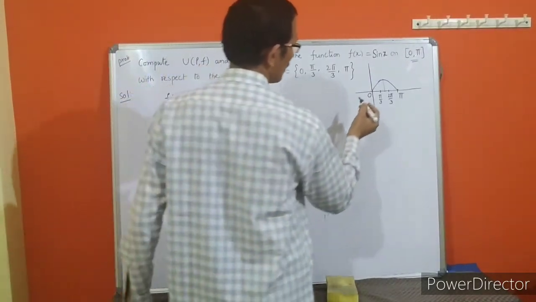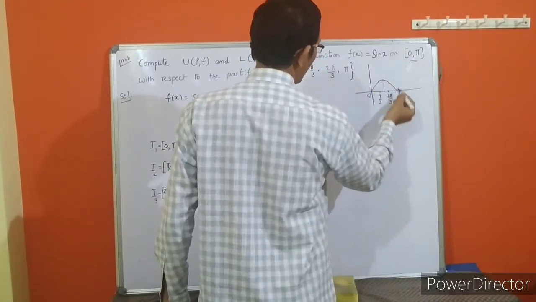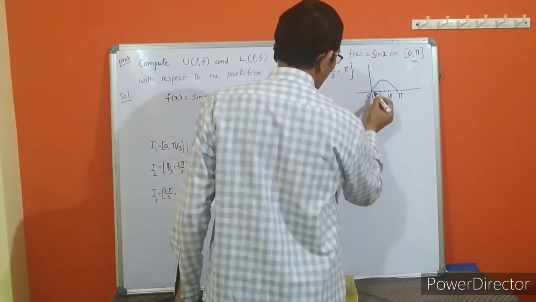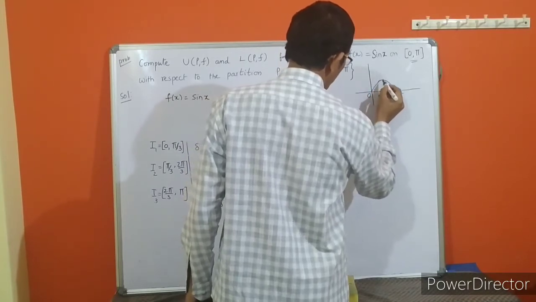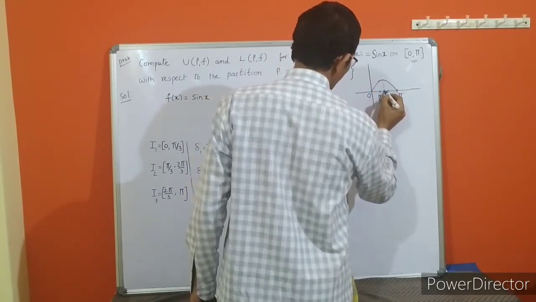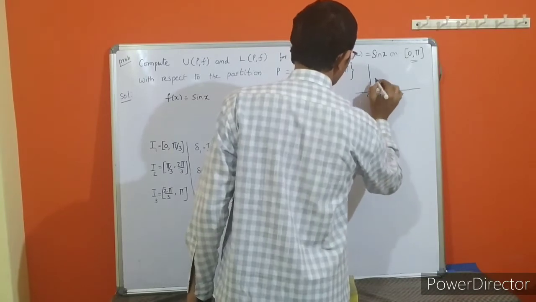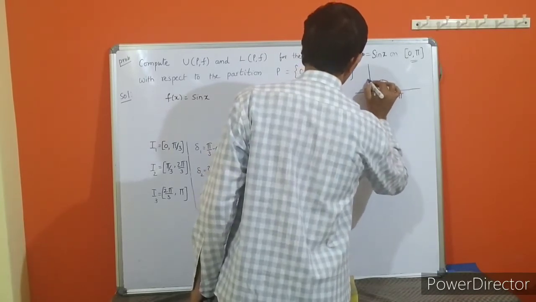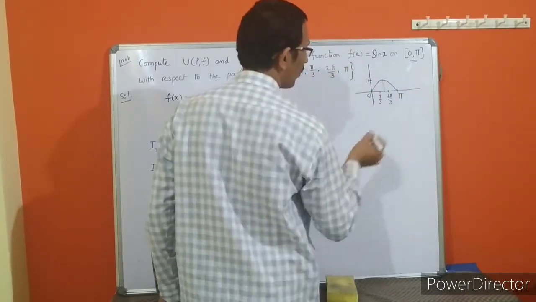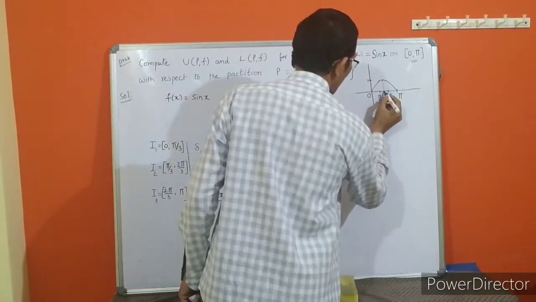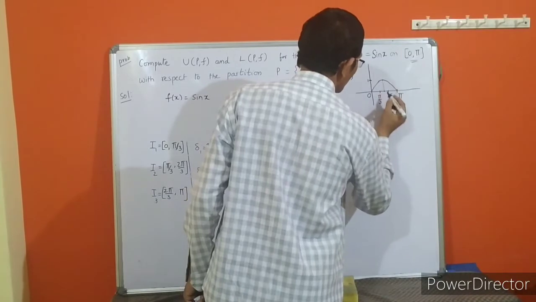See, if you observe the sin behavior, sin x gradually increases from 0 up to pi by 2. It takes the maximum value 1. So the maximum value of sin x is 1, at pi by 2, that is between pi by 3 and 2 pi by 3.